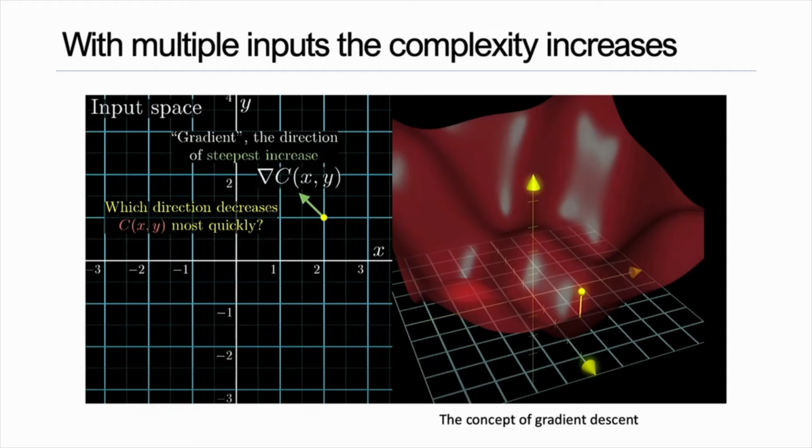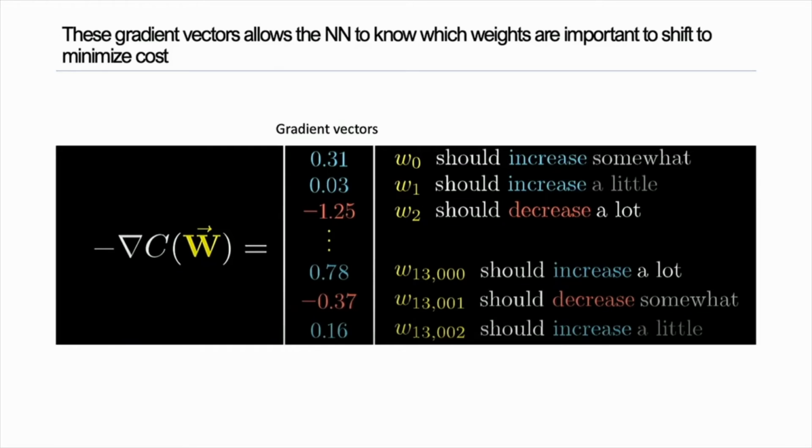But when you're dealing with a cost function that is multivariate, then you'll get a 3-dimensional plot that looks like this. And finding the gradient descent is similar to rolling a ball down a hill. You slowly roll it down, and eventually you'll find the path to the very bottom of the slopes.